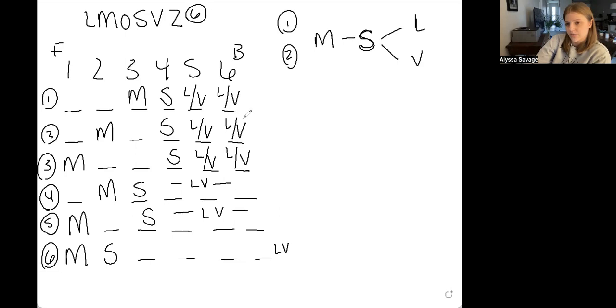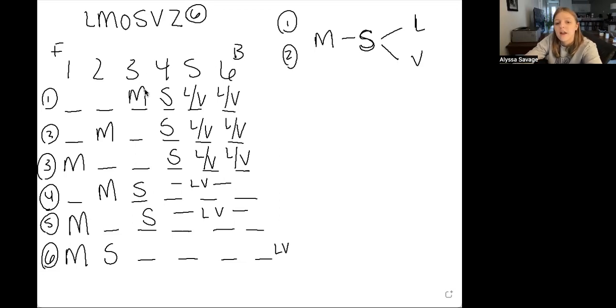I'm not going to do anything with it because nothing changes. If I put L here and V here, nothing changes with my diagram. And if I put L there and V there, nothing changes with my diagram. We're creating these separate worlds if things change in your diagram, and it creates this domino effect. So I'm just going to write it out to the side. Not going to waste a whole lot of time with that.